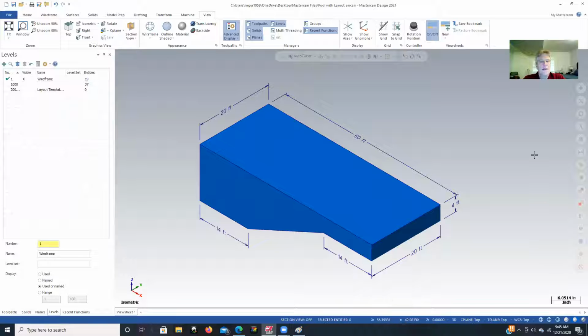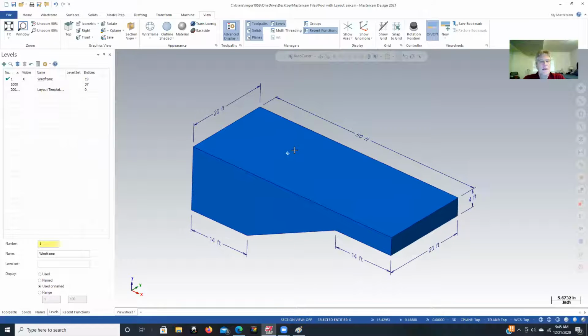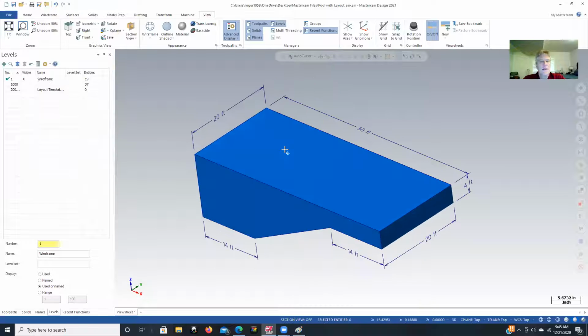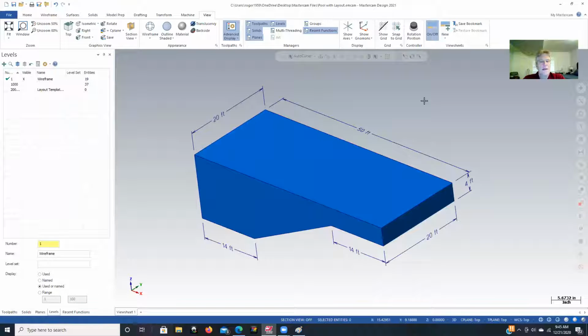So here is the drawing, and this gives me the option of looking at it and deciding what I want to do with it. I put the dimensions on here, so we know that the pool is going to be 20 feet by 50 feet from the top view.